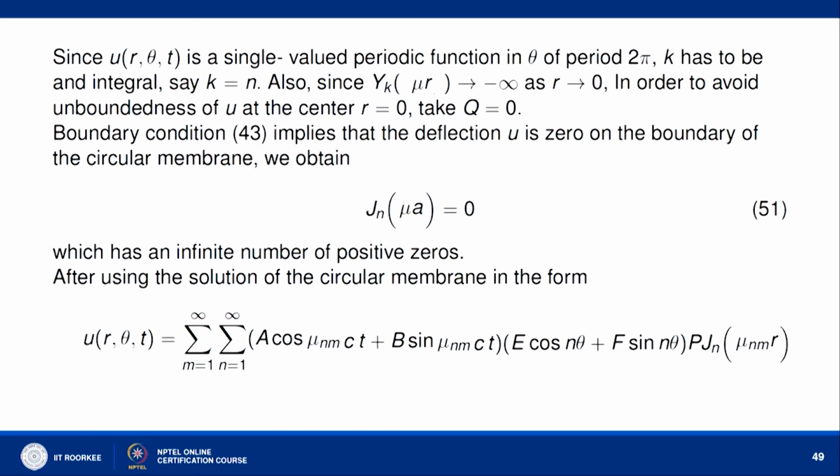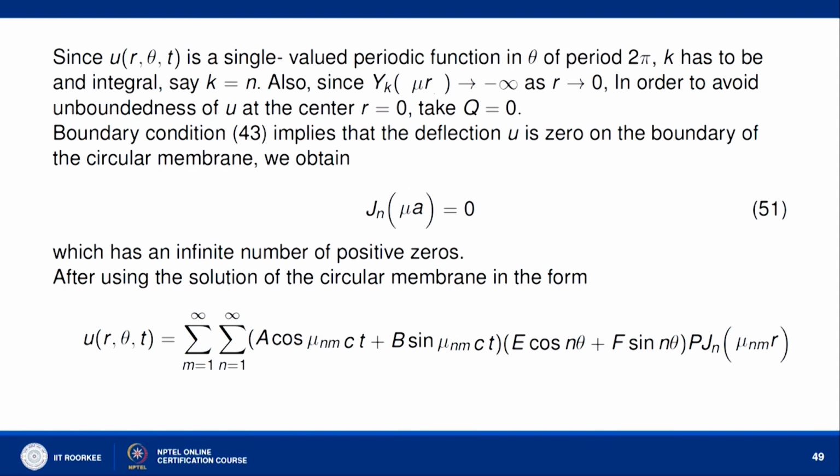So let us write down our solution: u(r, theta, t) equals the sum over m and n of (a cos mu_nm ct plus b sin mu_nm ct) times (e cos n theta plus f sin n theta) times p J_n(mu_nm r). Here we are using the principle of superposition to write down this general solution.